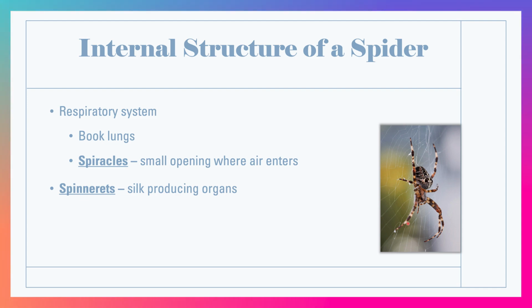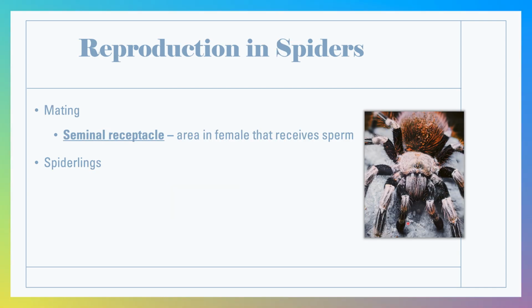There's also, not related to the respiratory system, something called spinnerets, which is where the web is actually produced. In reproduction, the female has a similar area to the insects called a seminal receptacle, where it receives the sperm from the male, and then little spiders are actually called spiderlings.